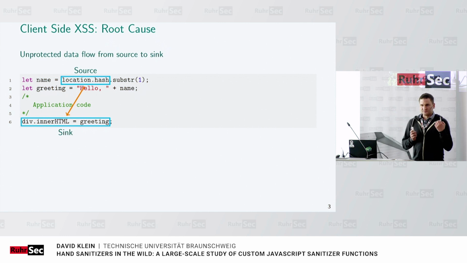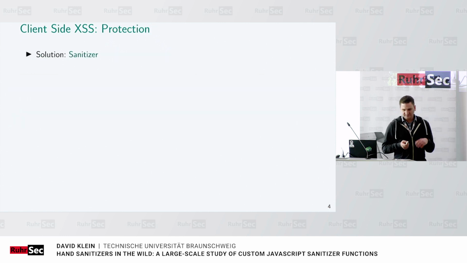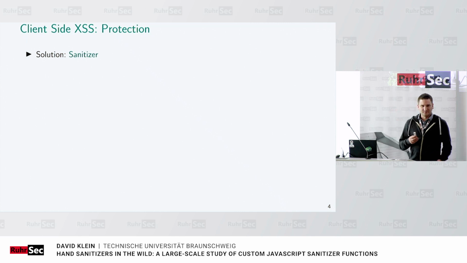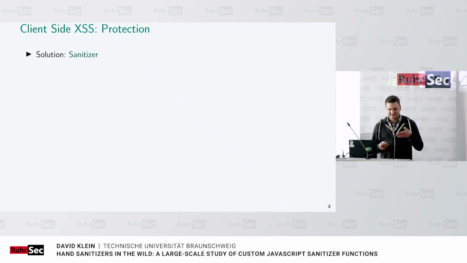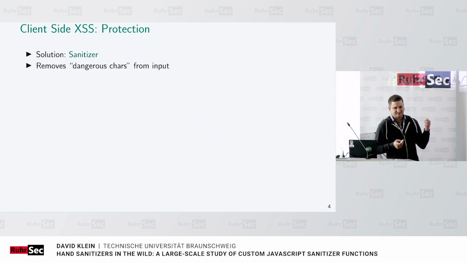If you want to protect yourself against client-side cross-site scripting, what you would usually do is use a sanitizer. You can also try CSP, which doesn't prevent cross-site scripting but mitigates it, but nobody can set them up properly. Ben had a talk last year, I believe, about CSP, and it's impossible to set up correctly. So a sanitizer is the idea.